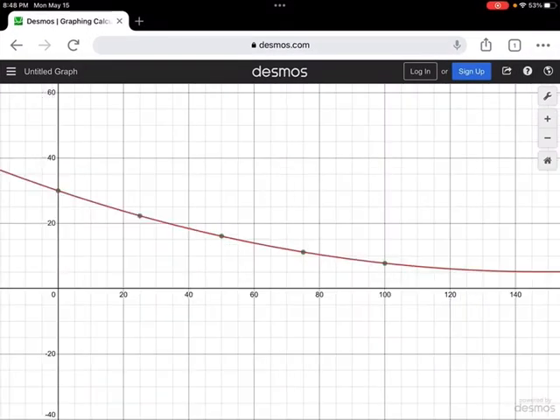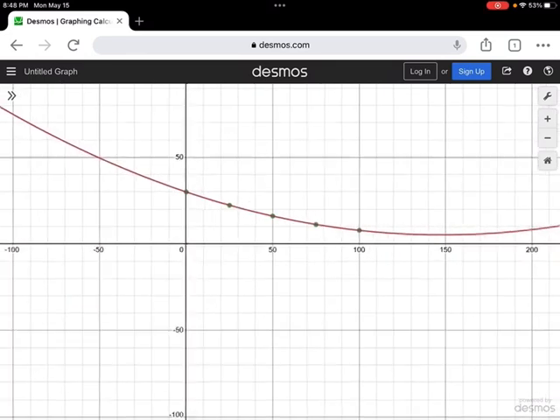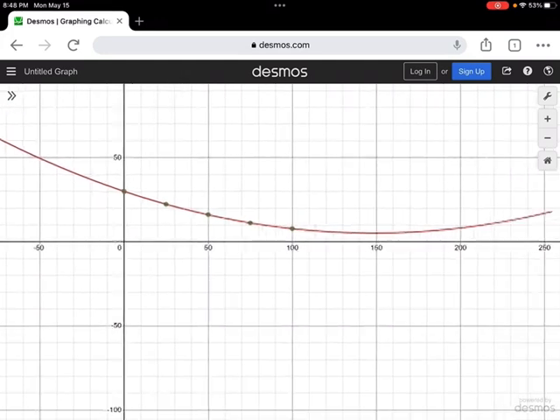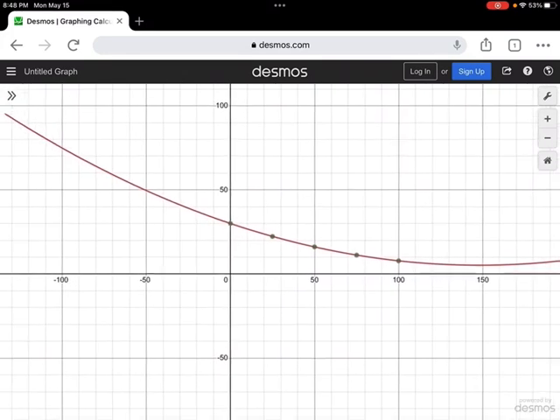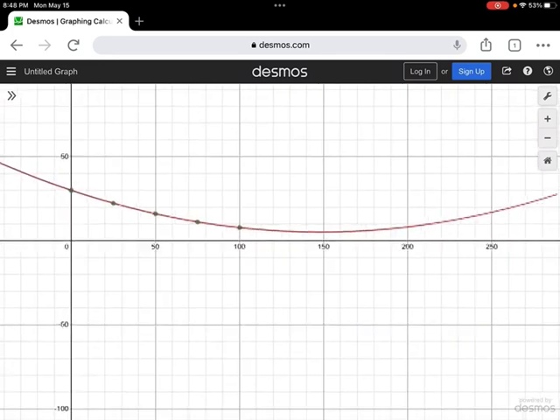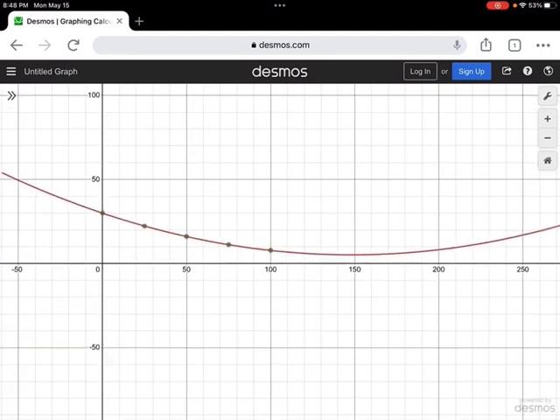So you can always adjust the axis. You can zoom in, zoom out, whatever you need to do. And what we notice, because it's quadratic and it's opening upward, then there is a minimum value that we get to before it starts going up again. So we want to find that minimum value, and that's what we're going to use.